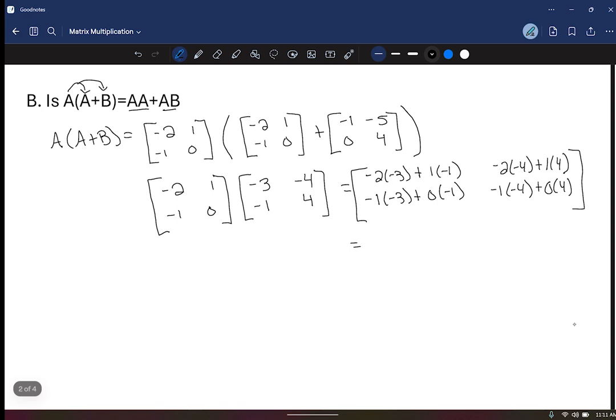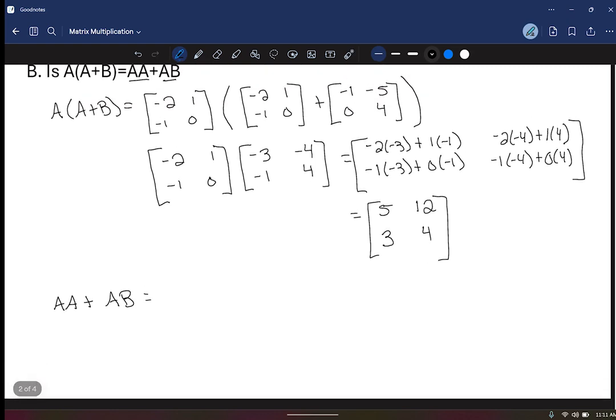That's going to give us 6 minus 1, which is 5. 8 plus 4, which is 12. 3 plus 0 is 3, and 4 plus 0 is 4. All right, now we're going to do A times A plus A times B, where we have distributed this matrix here.